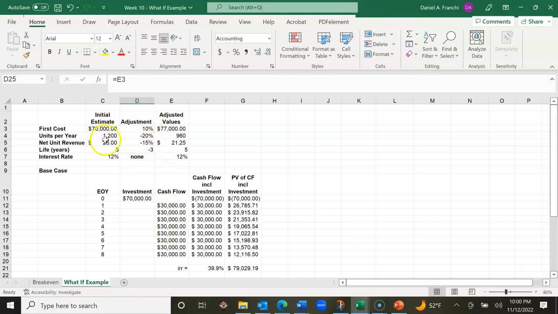It's the combination of the units per year and the net revenue. So that's one way to look at this. But again, our present value is our performance variable.